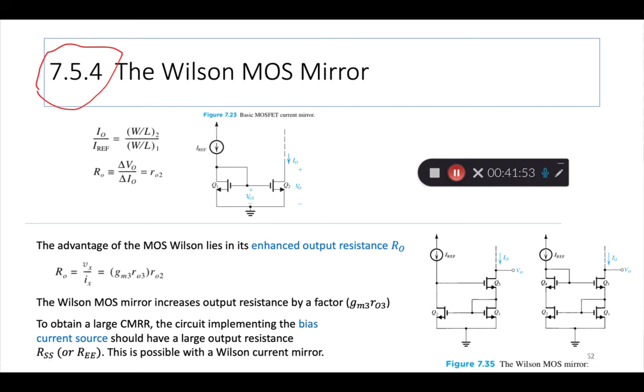And we know we like large CMRR compared to small CMRR because that means the differential amplifier is more immune to common mode signals. So one of the ways to have a high output resistance is by putting in a Wilson mirror instead of a regular mirror.